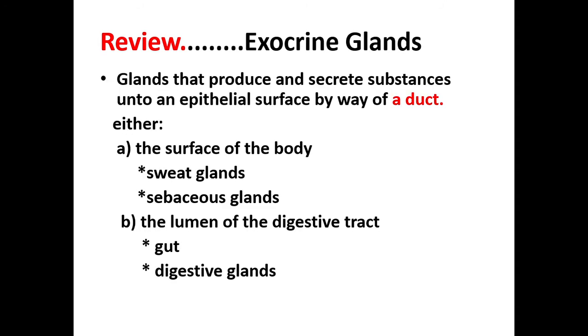So for the exocrine glands, the glands produce and secrete substances onto an epithelial surface by way of a duct, either to the surface of the body.